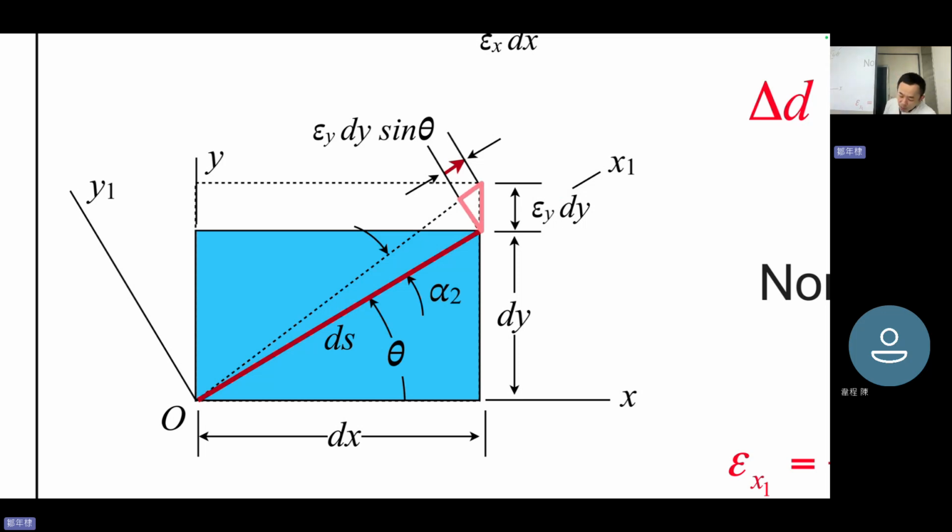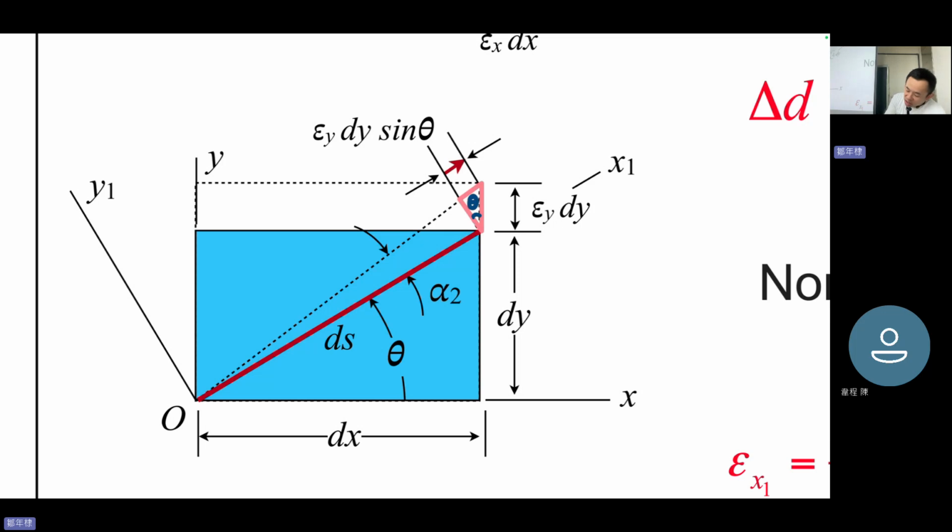This angle, and you know this one is epsilon y dy, and we know that this is theta. So this is epsilon y dy sine theta.